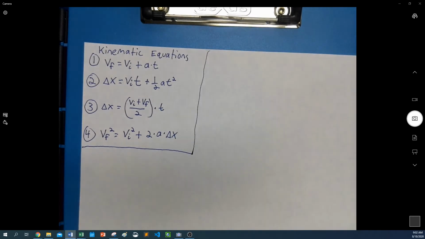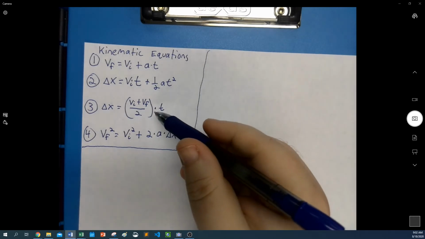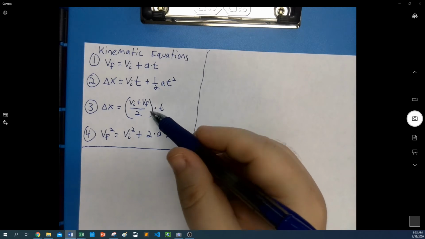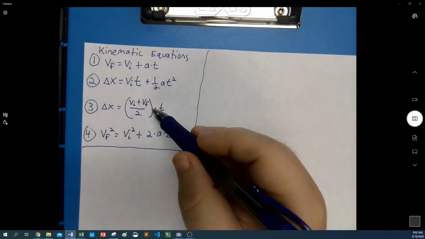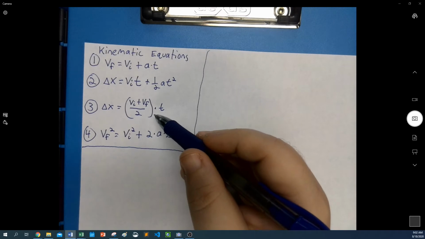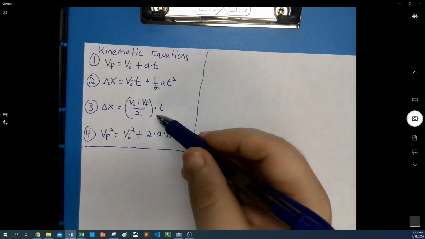These are going to be the four main equations. Number three basically says that you can take your average velocity, whatever your velocity average was, and use that to figure out your total distance.